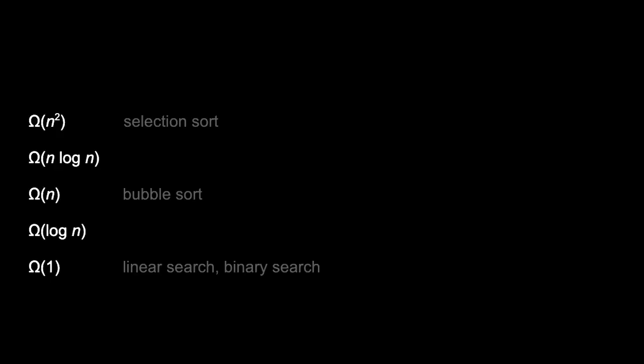You've got to obviously look at all of the elements at least once. So this would seem to suggest that the omega notation, that is the lower bound on bubble sort's running time, if we're clever and don't retrace our steps unnecessarily, is omega of n. Or technically, it's n minus 1 steps, right? Because if you've got n elements and you compare these two, these two, these two, these two, that's n minus 1 total comparisons.